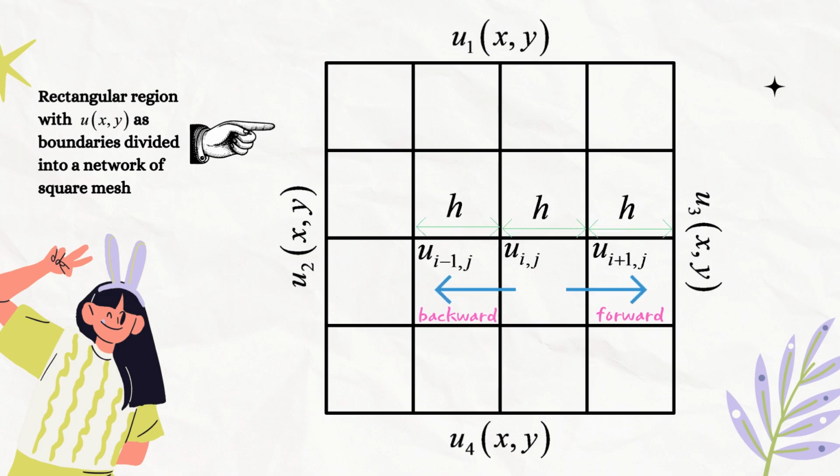And then by moving backward for h distance in x direction as well, we obtain another point u(i-1,j). And we can find the difference between u(i,j) with u(i-1,j) and also the difference between u(i,j) with u(i+1,j).